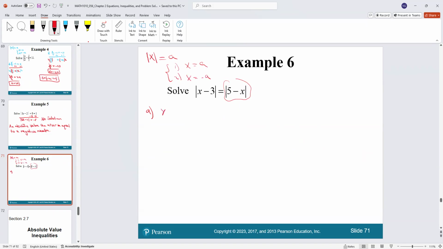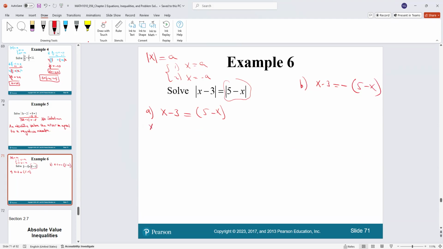So we're going to do x minus 3 equal positive 5 minus x. That's a. The second one, we said x minus 3 equal negative of 5 minus x.